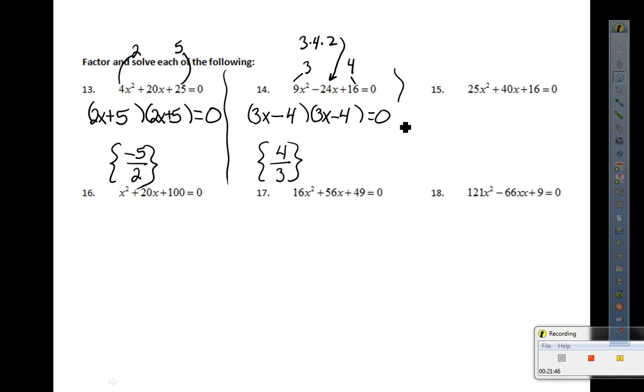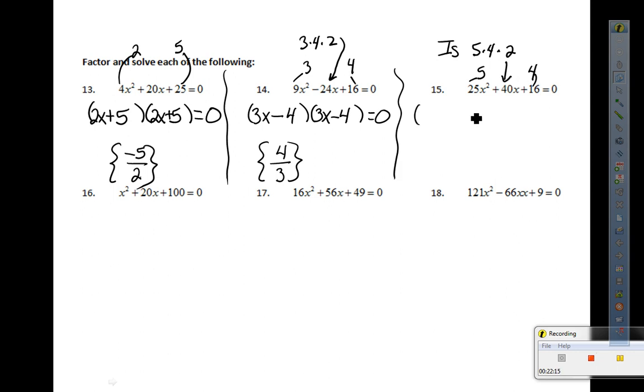Here goes your number 15. I got 25x squared plus 40x plus 16. Here comes my questions again. Do you know the square root of 25? The answer is yes, it's 5. Do you know the square root of 16? It's 4. Now you're going to ask yourself, is 5 times 4 times 2 40? So 5 times 4 is 20, times 2 is 40. So yep.